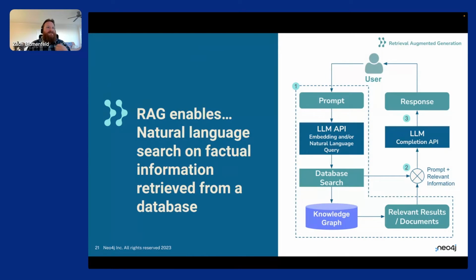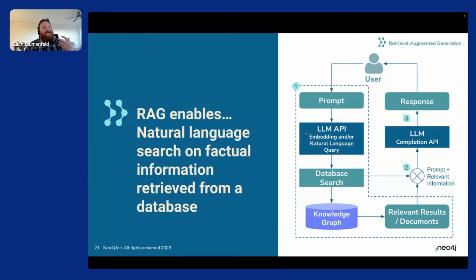And retrieval augmented generation is the pattern that ties these two sides of the coin together, which are both very important. It's this idea that you can have a prompt, and instead of going directly to an LLM, like a user asking a question to a chatbot powered by an LLM, you can take that prompt and use embedding techniques.